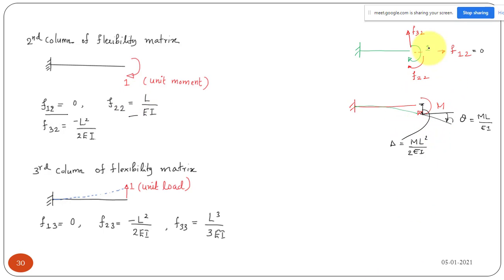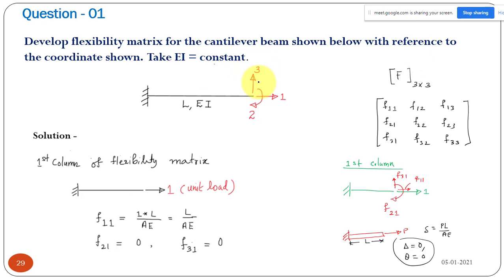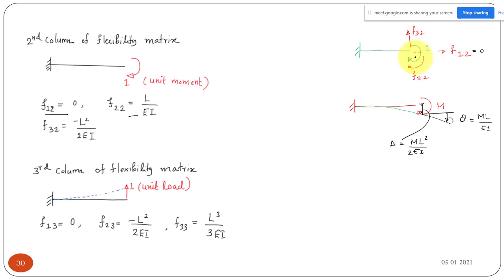And when it comes to deflection, that is an important part. The given coordinate is upward, right? But due to this unit clockwise moment, M equal to 1, my deflection will be L square by 2EI in the downward direction, which is opposite of the given coordinate direction.